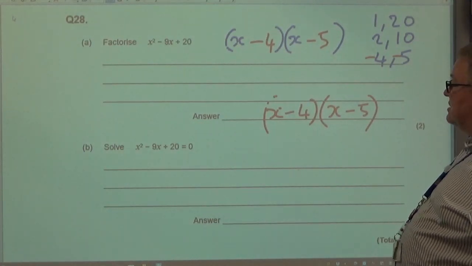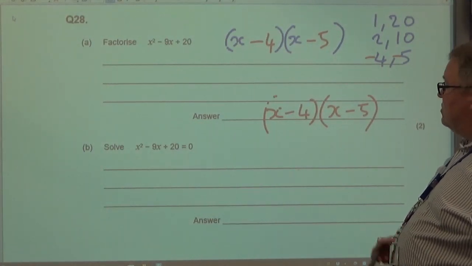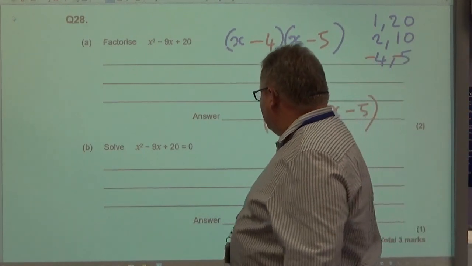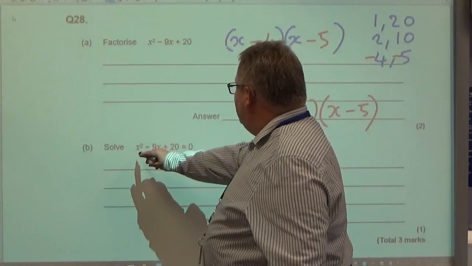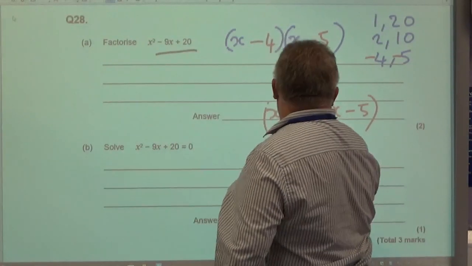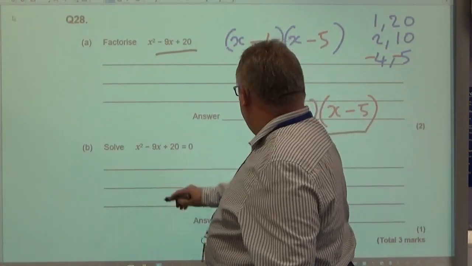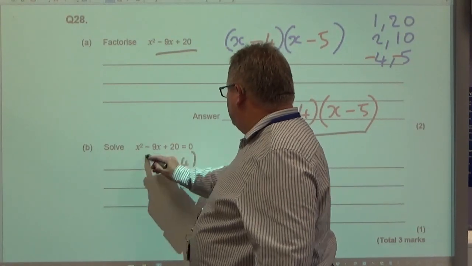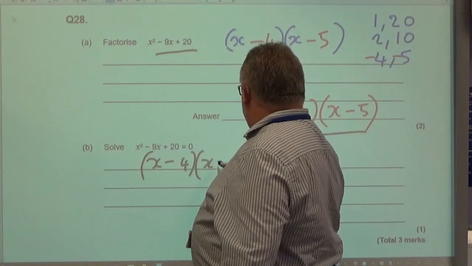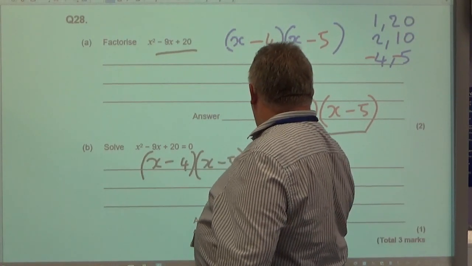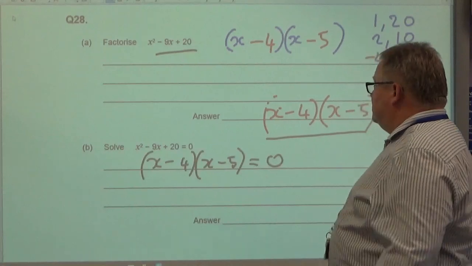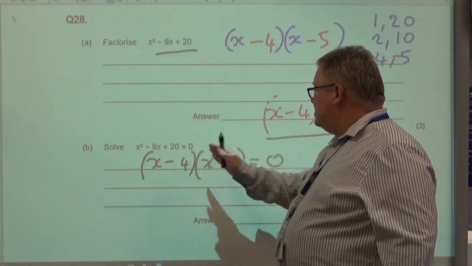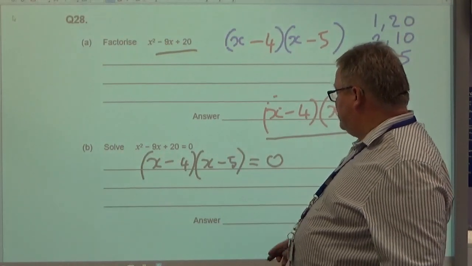It really is doable. Now, it's asking us to solve that, and this is a little bit like the one before. So if this is equal to this, then x minus 4 times x minus 5 must equal 0. If these are to equal 0, one of these brackets has got to be equal to 0.